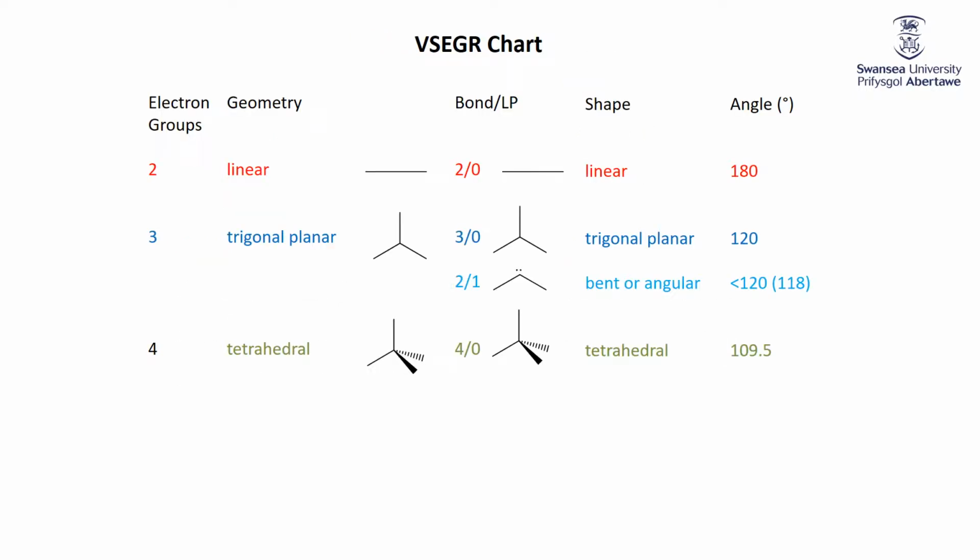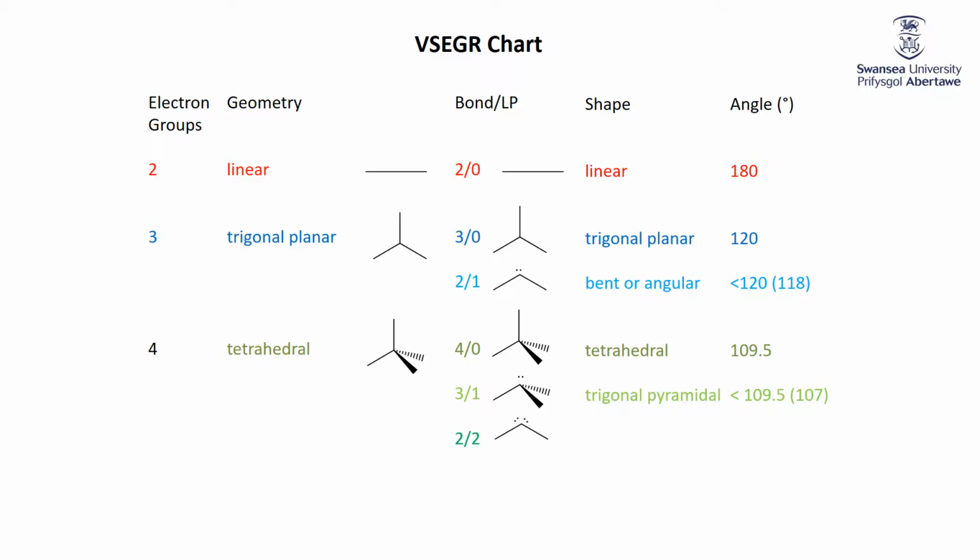So filling out the VSEPR chart, we've still got 4 groups of electrons, but now the first example, NH3, 3 are bonding, 1 is a lone pair, looks like that, trigonal pyramidal. What are the angles going to be in there? Well, because the lone pair is more repulsive, it's going to push these closer to each other, so the angles will be a little bit less than 109.5, they're about 107 typically.